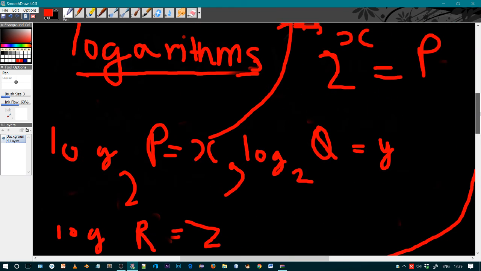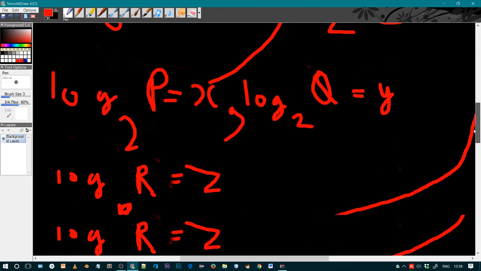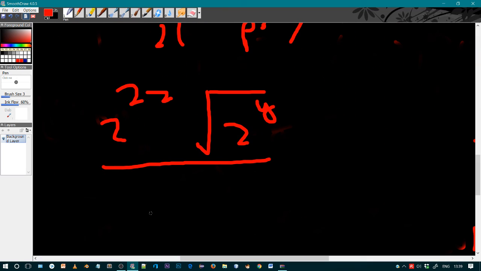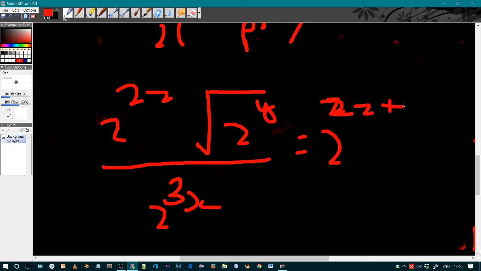My handwriting is so bad. Upon p is 2 to the power x, so it will be 2 to the power 3x, which will give us 2 to the power 2z plus y upon 2, upon 2 to the power 3x.